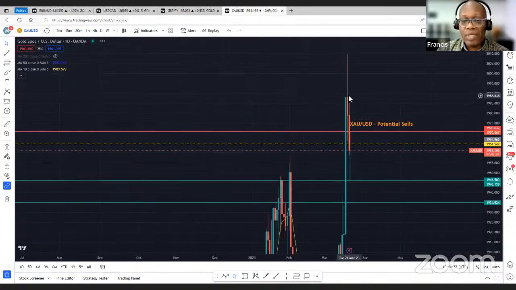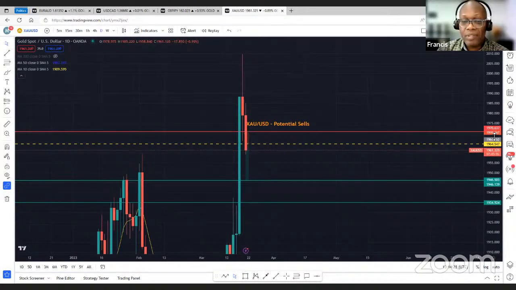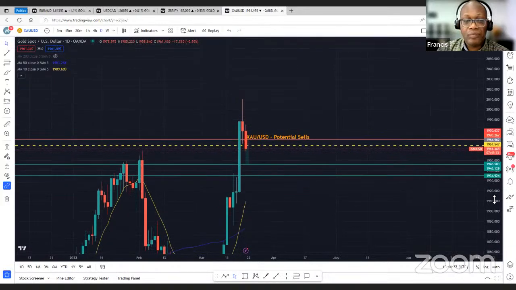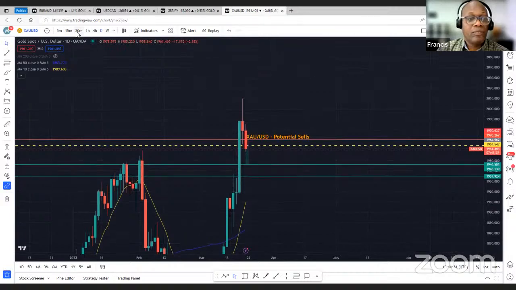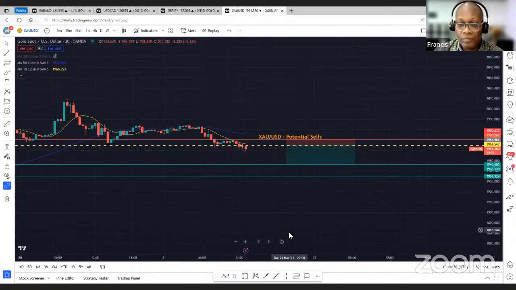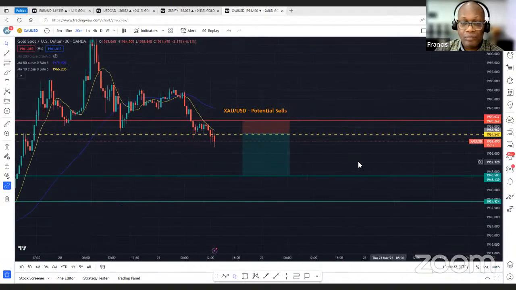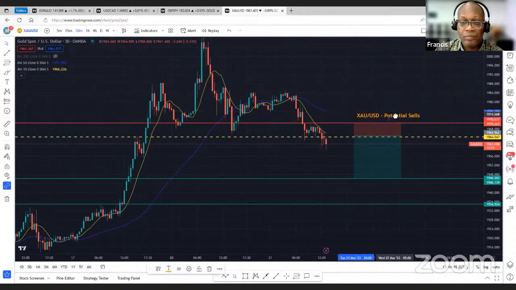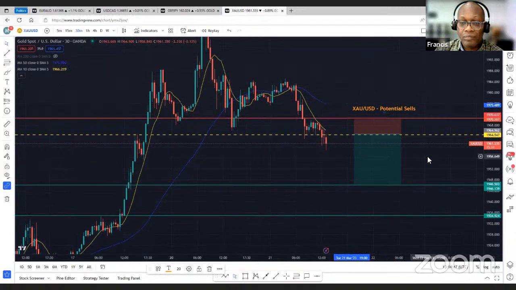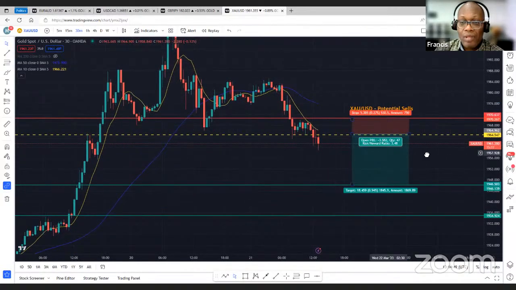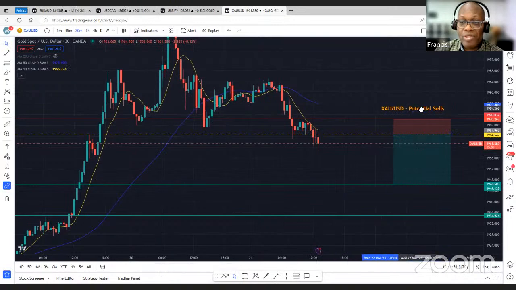Let's check it out on the higher time frame. I haven't entered yet. You can see my position box is not next to the candle.